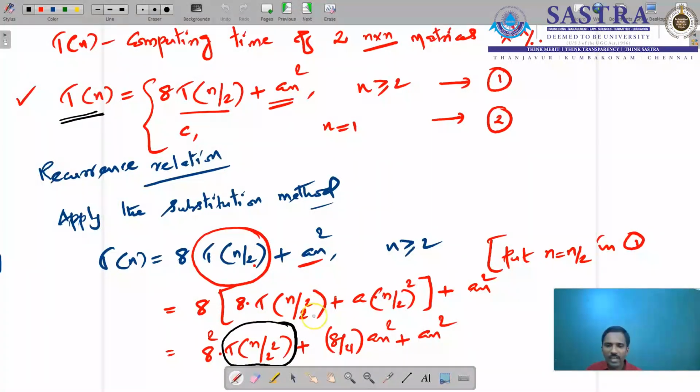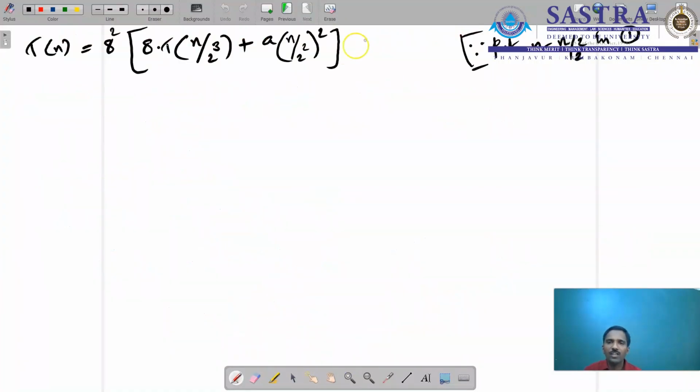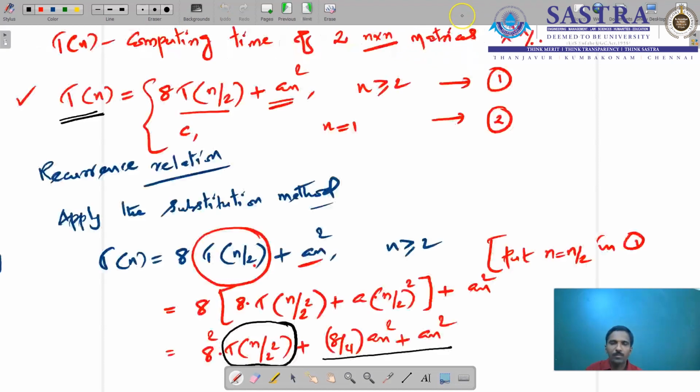Plus additionally we have these two terms, 8/4 a n² plus a n². Let's write them as they are.